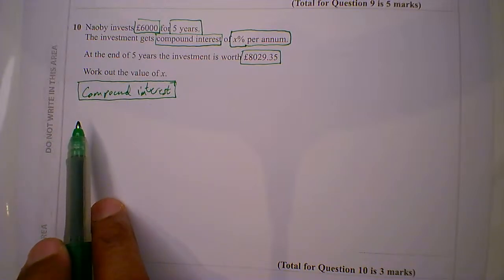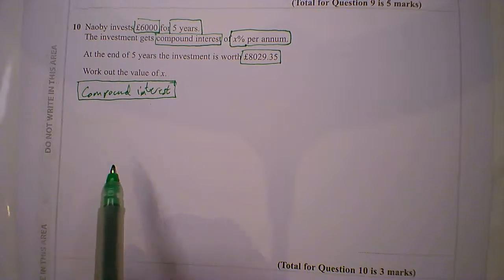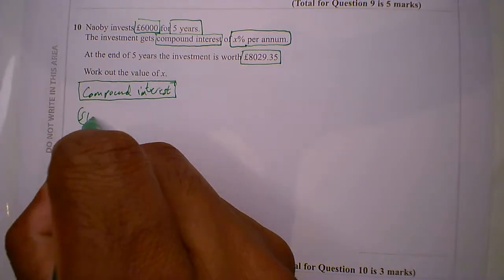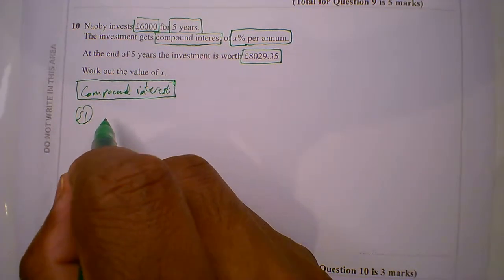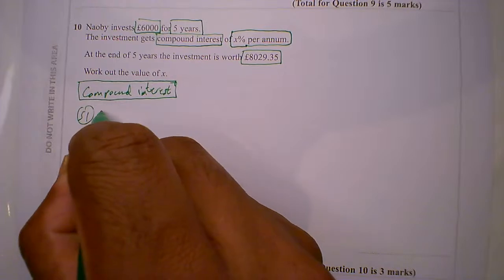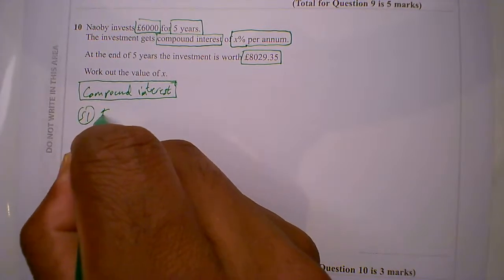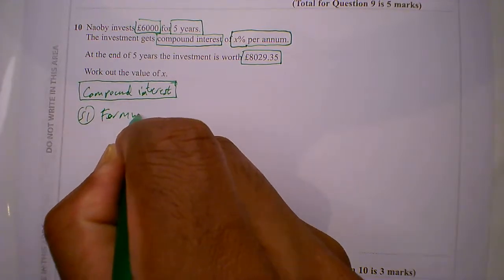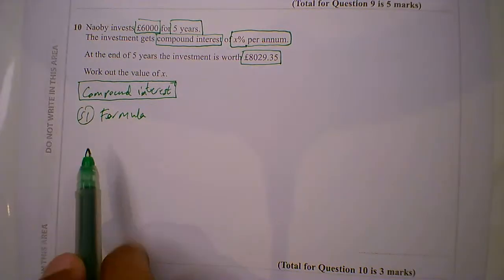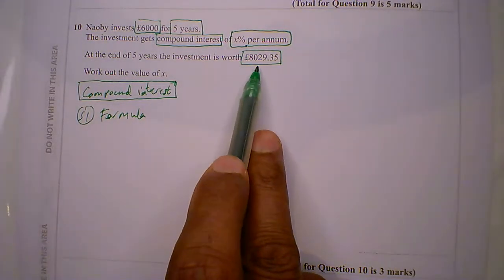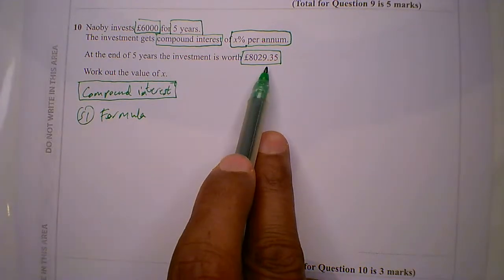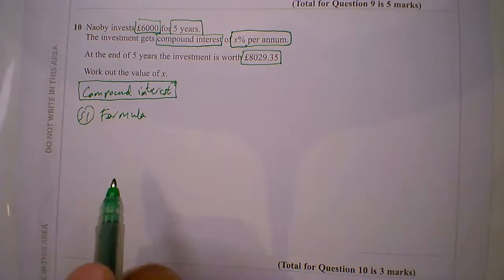So what are my steps? Step 1 is to write out the formula for compound interest. And then from the formula, I'm given the answer. The investment is worth £8,029.35. So I'm working backwards.